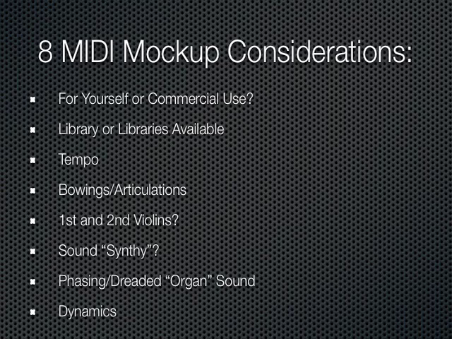Some libraries have mezzo piano, mezzo forte, forte, and fortissimo. Now, here we have to be realistic. Sometimes they actually record these libraries at those dynamic levels. Sometimes, and I know at least one developer that does this and tells everybody he has these multiple dynamics, he only recorded at one dynamic level.